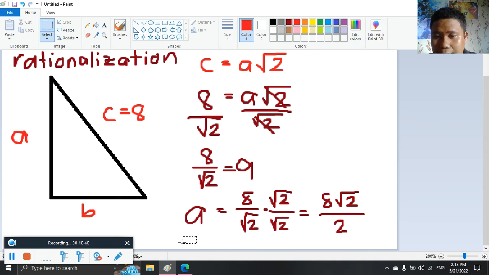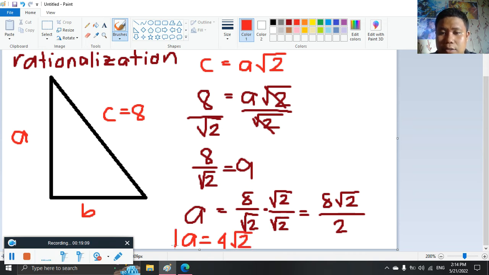So, therefore, A equals, so what is 8 divided by 2? 8 divided by 2 equals 4. So, that is 4 times the square root of 2.